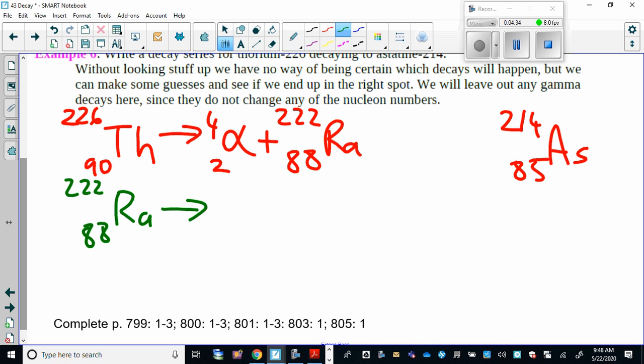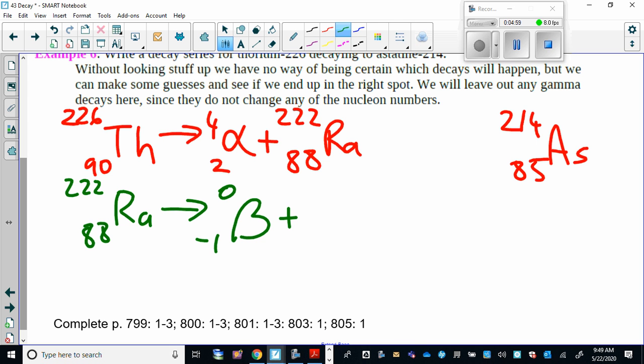As I said, you could do this in any order as long as you end up with an 85. You could have done the beta negative decay first. I just don't have the periodic table right now, so I'm a little out of my element here. Oh, another great element pun. So now let's do our beta decay.